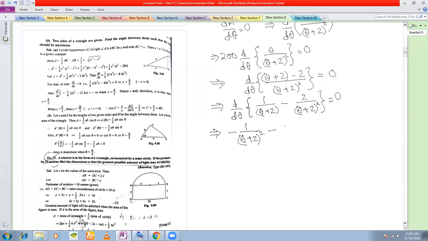Minus, and the differentiation of the other term would be minus 2 by (theta plus 2) whole cube, using the x to the power n rule. Now you take the LCM.